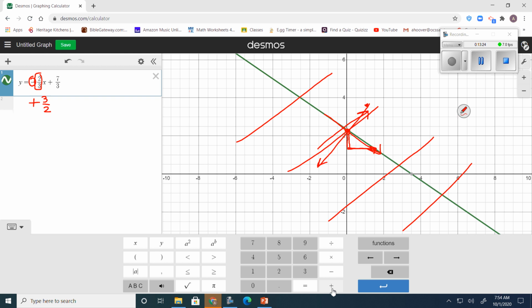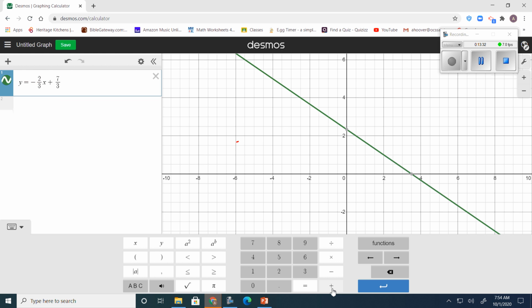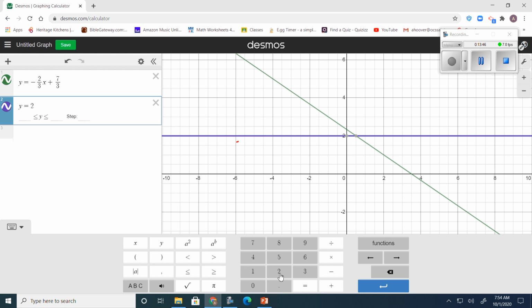That looks much more perpendicular than the lines I was trying to draw. So let's type this in where Desmos can do a much better job at it than I can trying to freehand it there. So y equals, what happens if we take the opposite? Because instead of a negative slope, we want to have a positive slope.